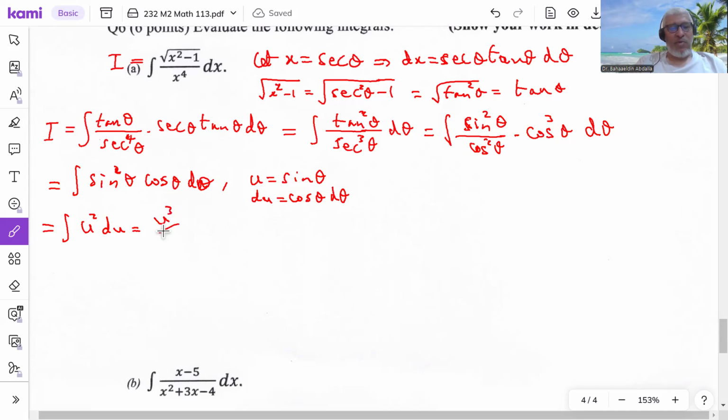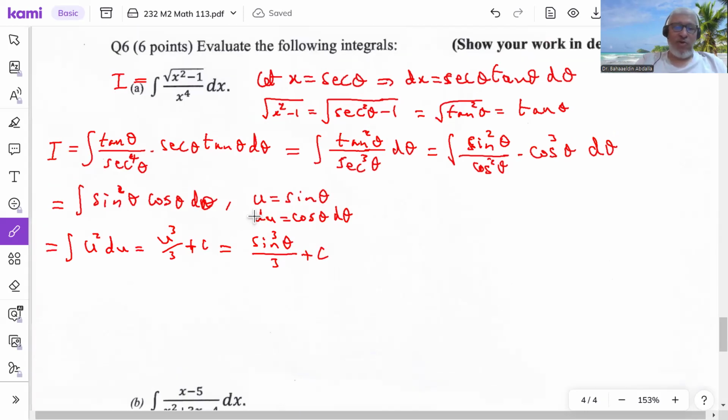And the answer would be u cubed over 3 plus c. And now we should go back to theta. So instead of u, I have sine cubed theta over 3 plus c.